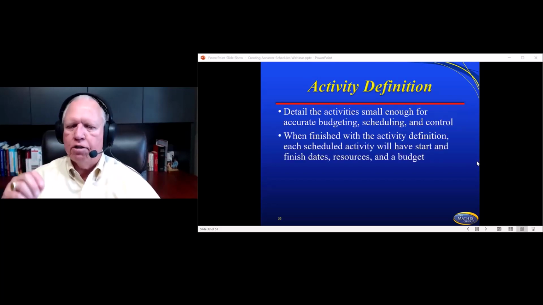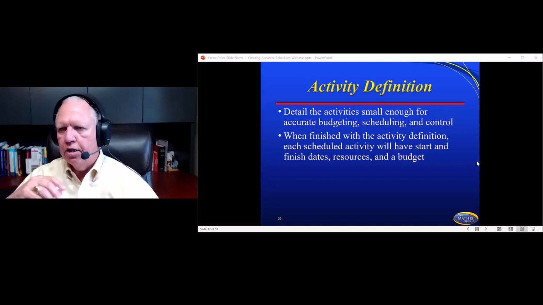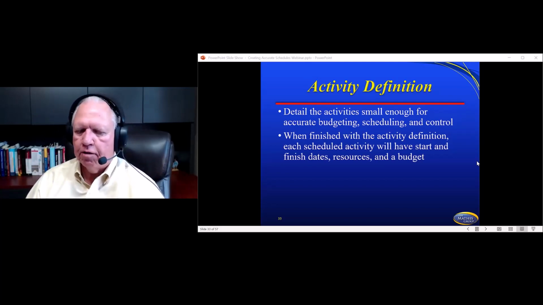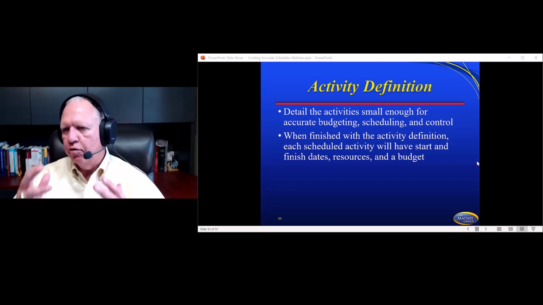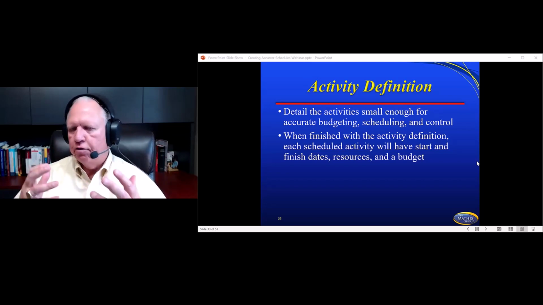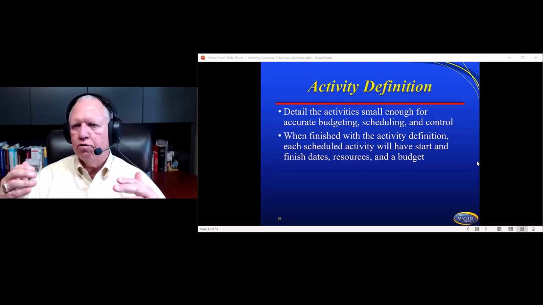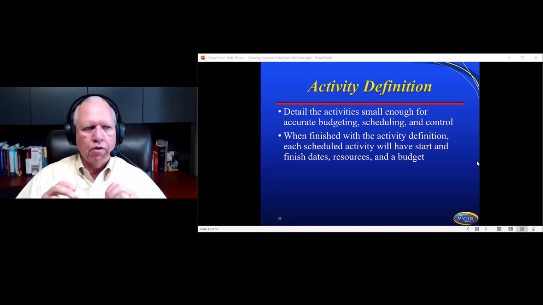If you're looking at a Gantt chart, you're probably looking at the activity level in most cases. You detail the activities and make them small enough that you can come up with accurate budgeting and accurate scheduling, and feel like you understand what you're doing. Then, when you're finished, the activity definition will start, and you'll have start and finish dates. That's when you're actually loading it into your schedule. You're going to have start and finish dates for that activity.